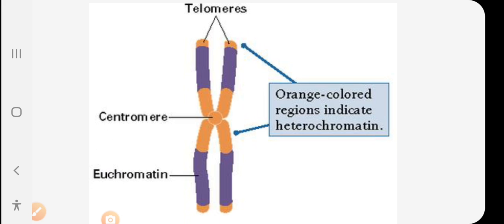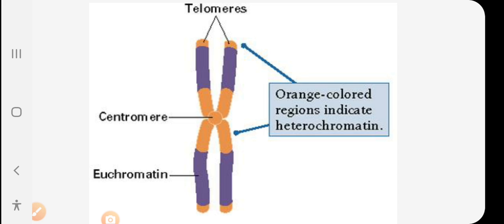So the length of the telomere is proportional to the number of cell divisions, the number of DNA replication cycles. If the telomere length is high, the cell can divide many times and would be in the young stage, so there is no aging.